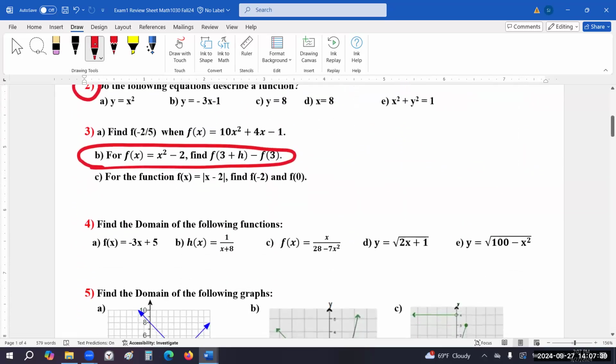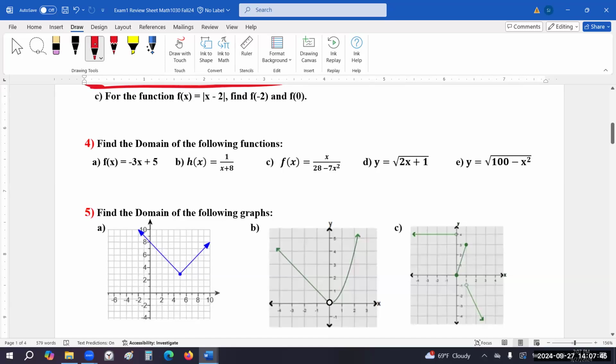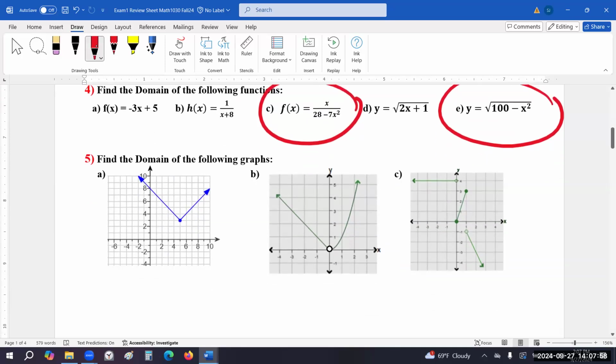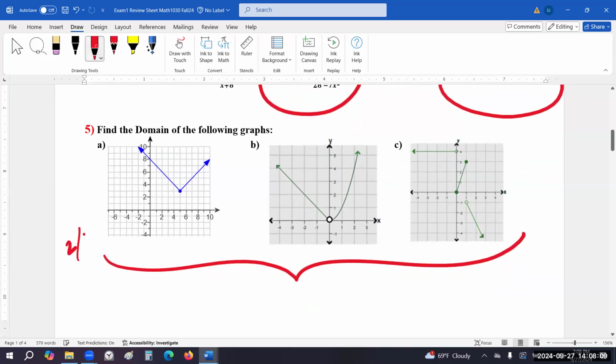Number 2, you'll definitely see. Number 3, we did the very same one just now. From here, I'm going to give one. Actually, let me be honest, I'll give you something like this and something like that, 2 of them. And I don't remember how many, but 2 or 3 of these: find the domain and range.